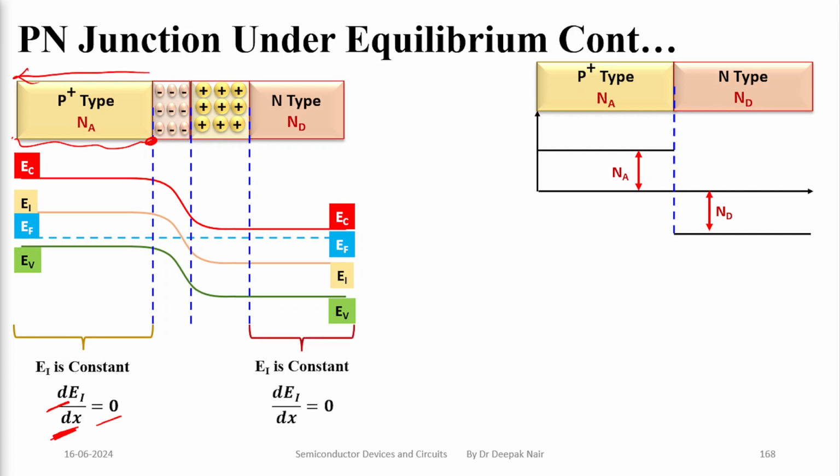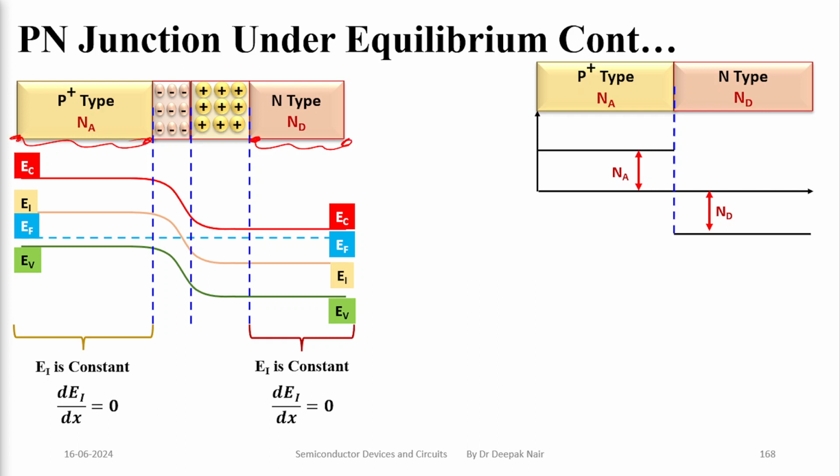And this is the same for the charge carrier concentration in the n-type semiconductor beyond the junction, and therefore this dEi/dx is 0. So this says that the potential inside the p-type semiconductor beyond the junction and the potential in the n-type semiconductor beyond the junction is constant.